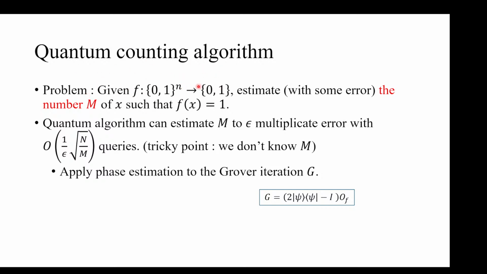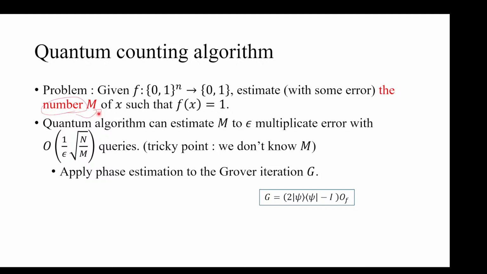So we have some f as our oracle, a binary Boolean function from {0,1}^n to {0,1}, and we want to estimate m, the number of x such that f(x) equals 1. So I guess I should put this number here, marked: m is the number of x such that f(x) equals 1.